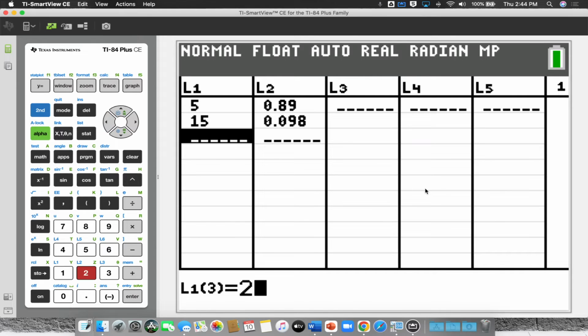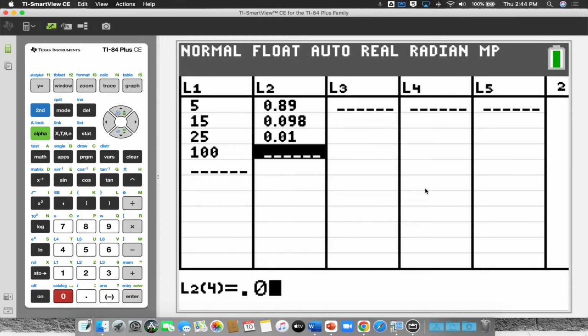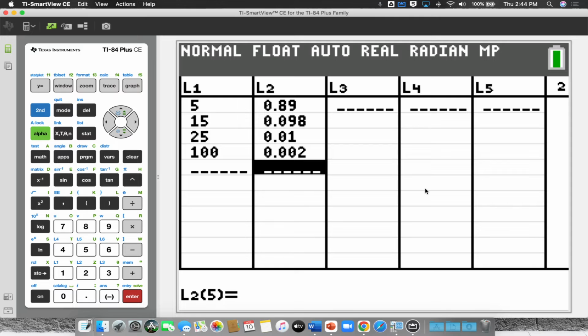The next one is 25, with 0.010. The last one is 100, with 0.002. Okay, so now we have the table.